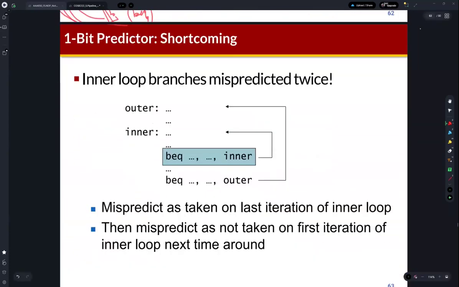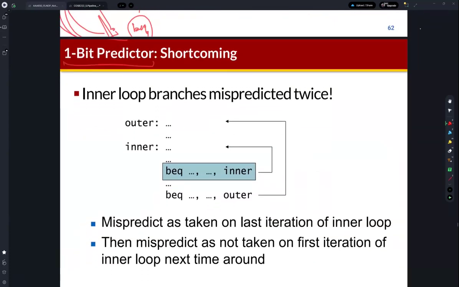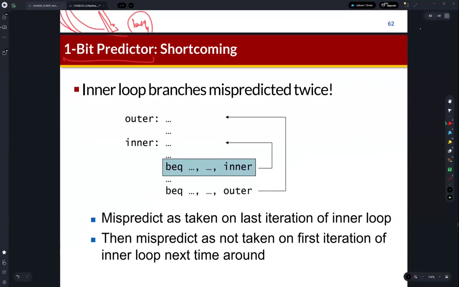So this is the one bit predictor. As I mentioned, the result of a branch is true or false, so this is T, right? True or false. And we can represent this result using one bit, because it's true or false. One means true, and 0 means false, right?